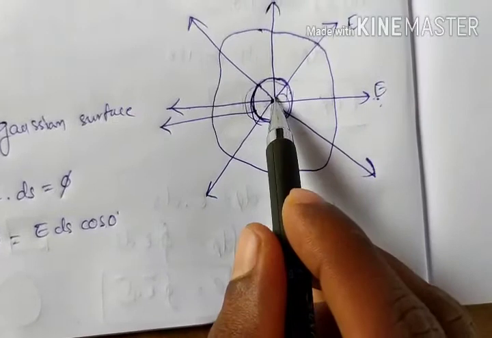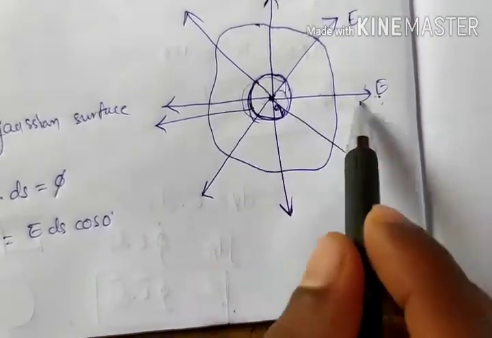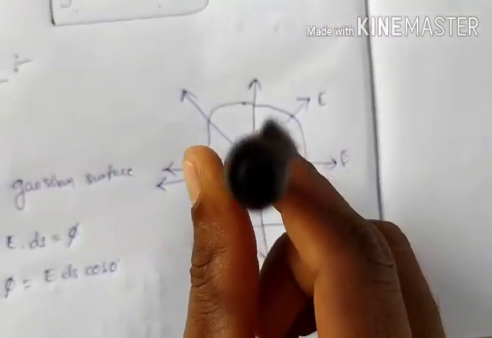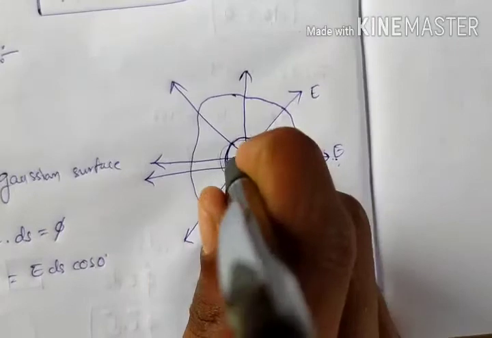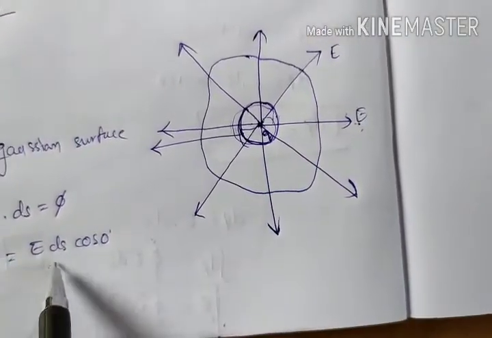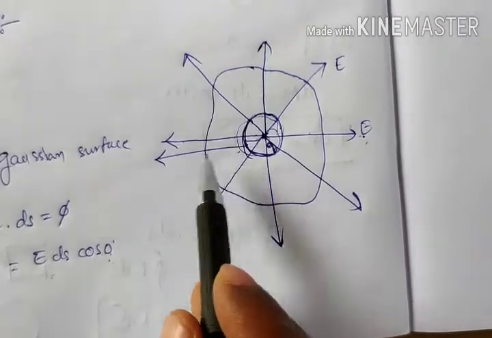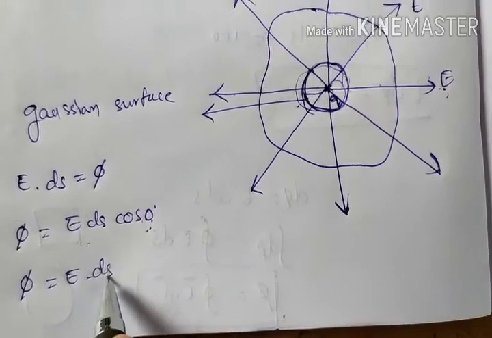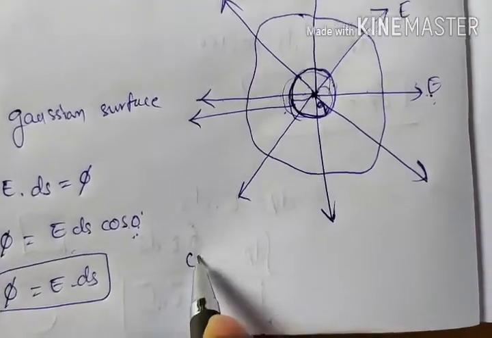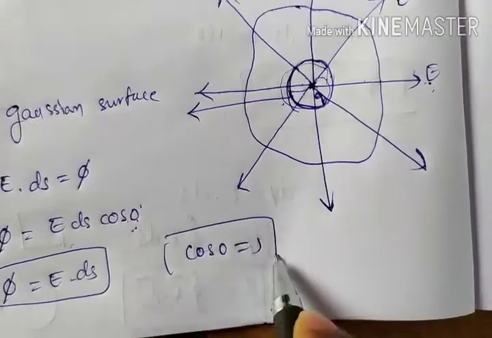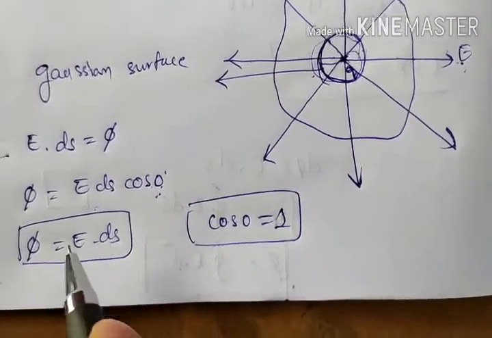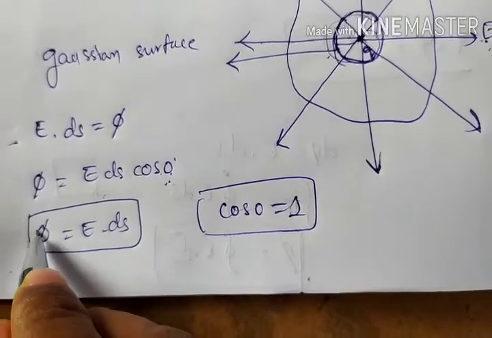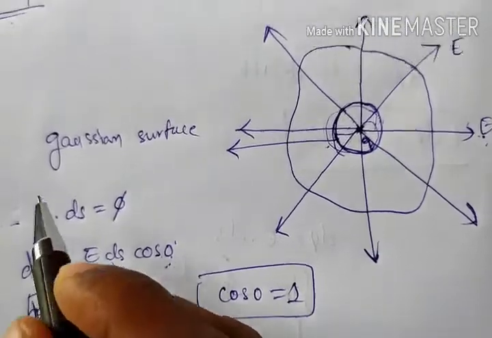This is not three dimensional, so we denote it in parallel to the paper. The angle between the two is 0, and cos 0 is 1. So the flux is E ds, but it is not the total flux, it is only the changing flux d phi.